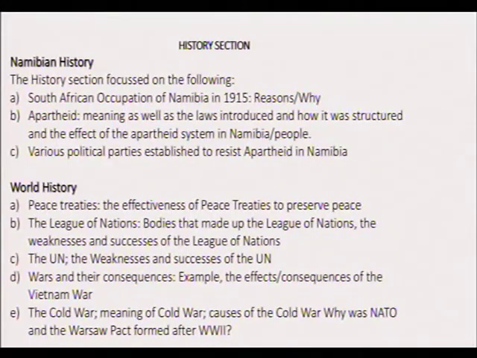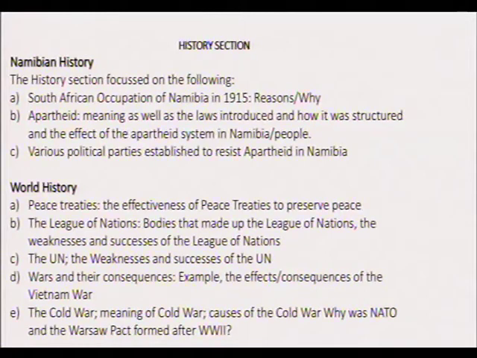The next section is the world history section. You have to pay particular attention to the issue around peace treaties, and the effectiveness of peace treaties. We know that a lot of peace treaties were formed to preserve peace. But the other question you need to ask yourself is, were these treaties effective?